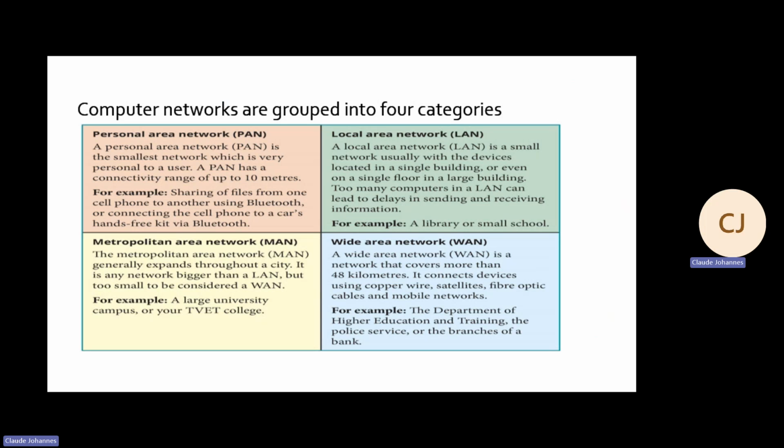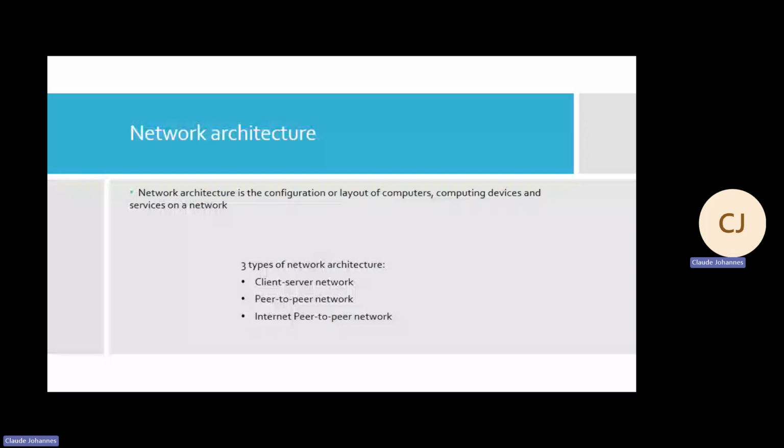The different types of network architectures. We get three types of network architectures. The first one is client-server network. The second one is peer-to-peer network. Then we get internet peer-to-peer network.